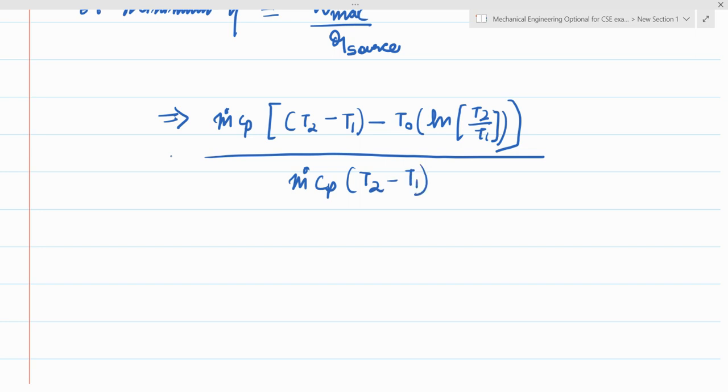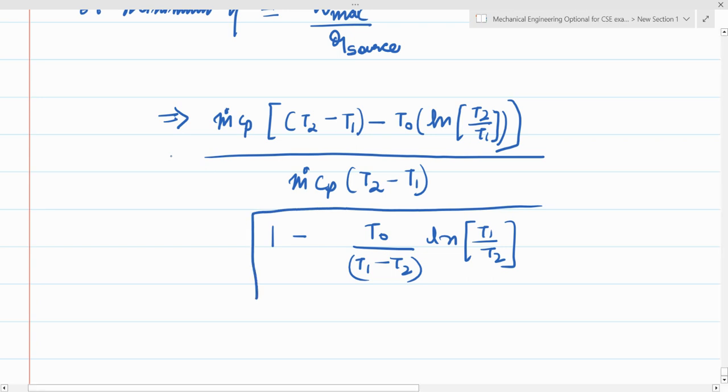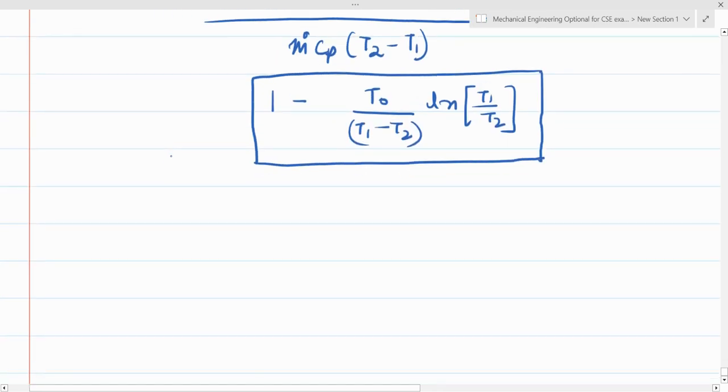If we solve this expression, we get 1 minus T0 by T1 minus T2 ln T1 by T2. Now this is the expression that is mentioned in the question, hence proved. So let us write here, hence proved.